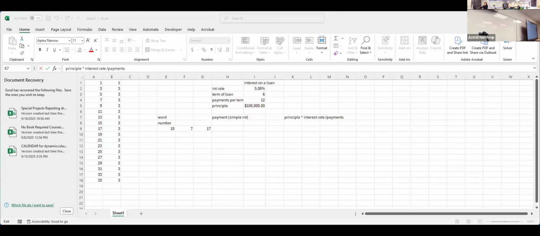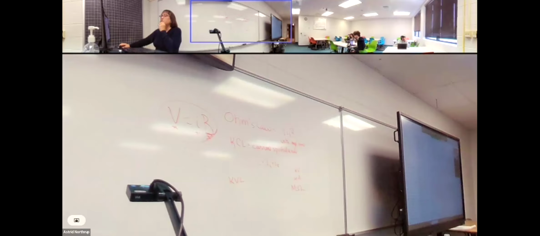My file explorer went away for some reason, but let's come over here. I'm gonna stop sharing for just a second so I can see my top bar. Yeah, there we go. Okay, so. Let's see, there it is. There's the amortization sheet table that I made. This was a while ago, but let's take a look at it.